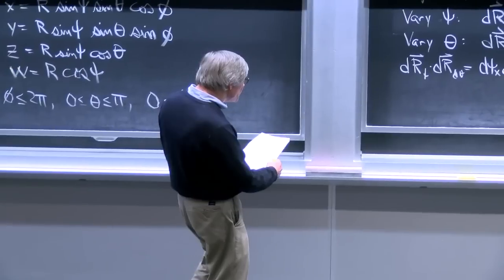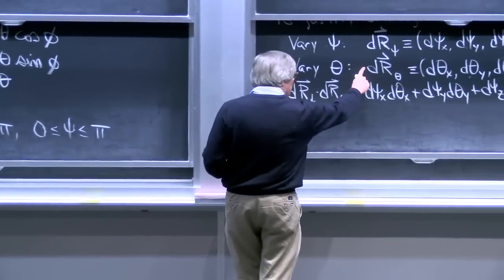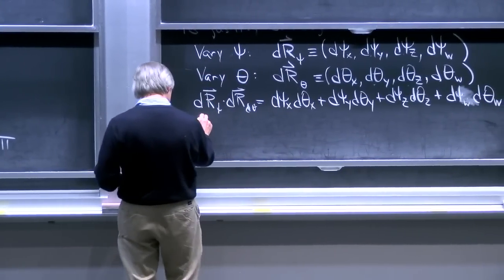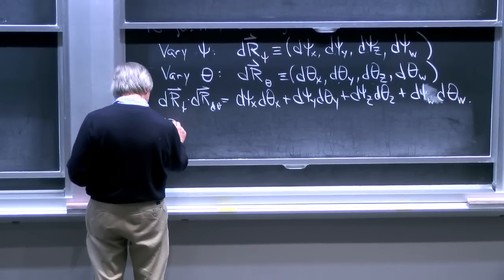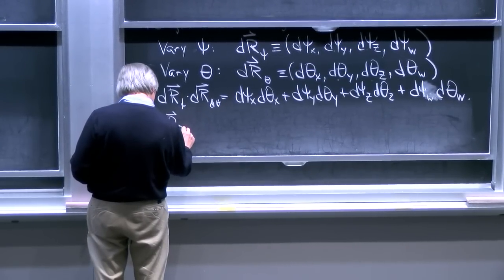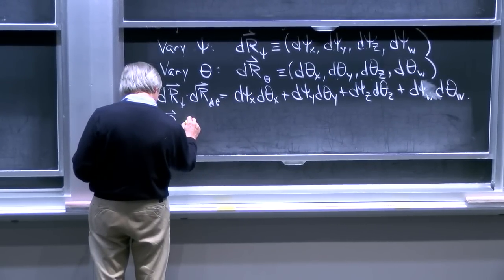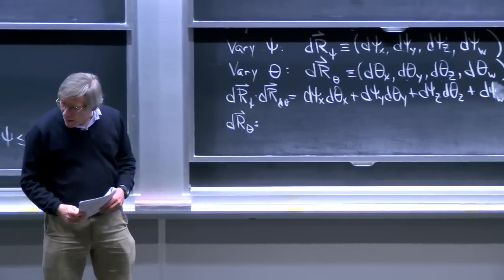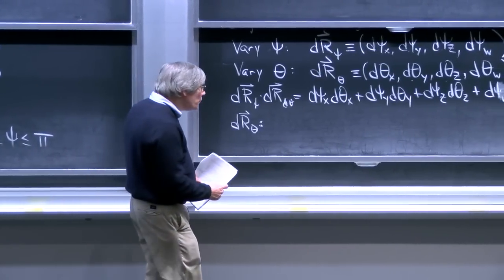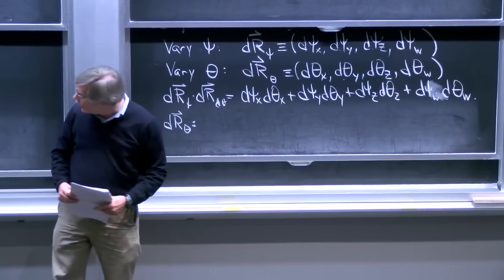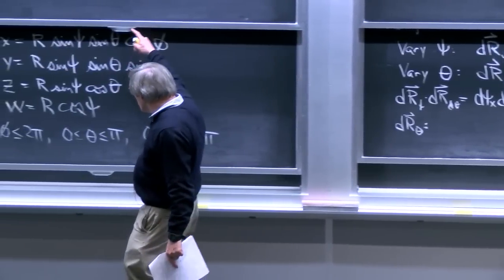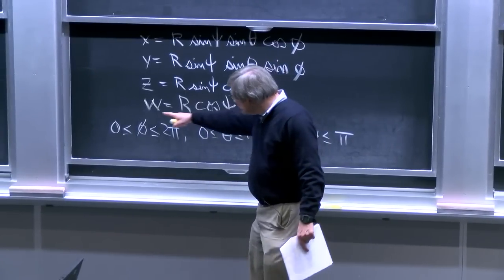OK, so let me first look at the dr sub theta vector. OK, what do we know about it? Well, we know that when we vary theta from these formulas, w does not change.